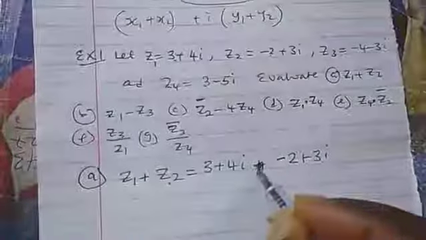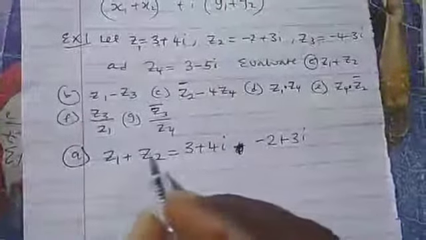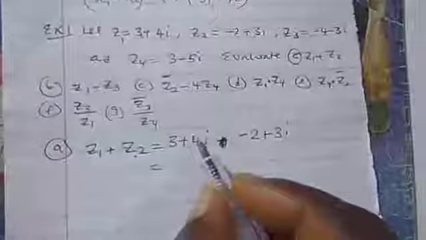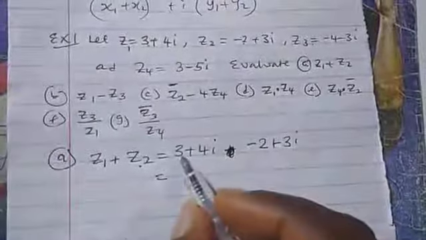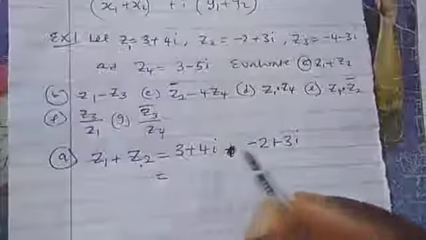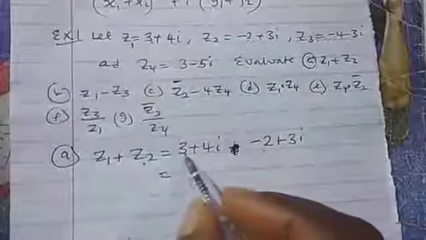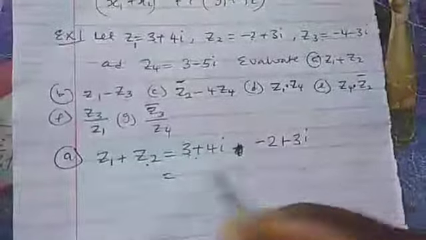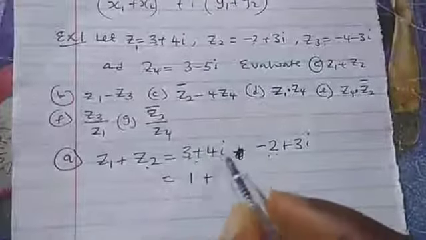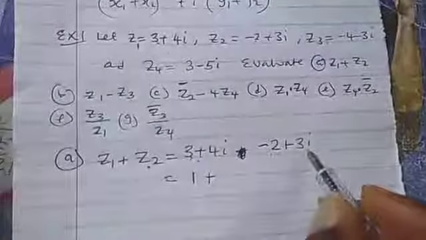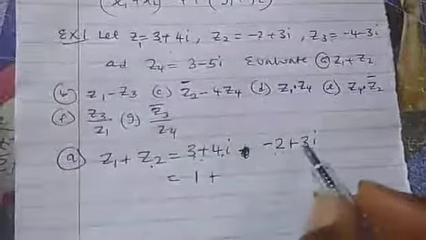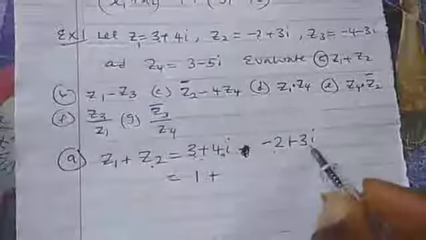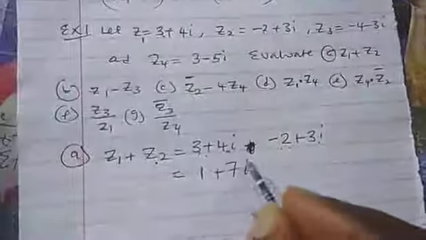So this plus has no significance again. Now, in order to do this, you only need to pick the real part and real part. The real parts are 3 and minus 2. So 3 minus 2 is 1, plus 4i plus 3i, that is 7i.